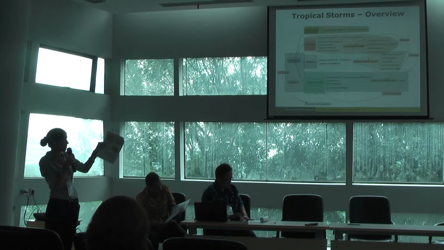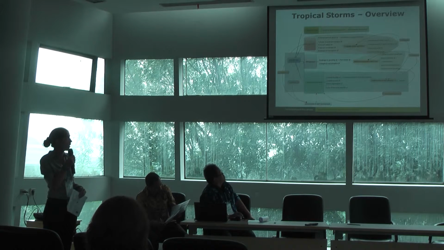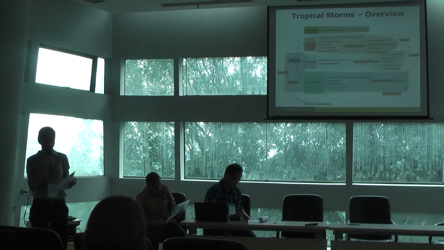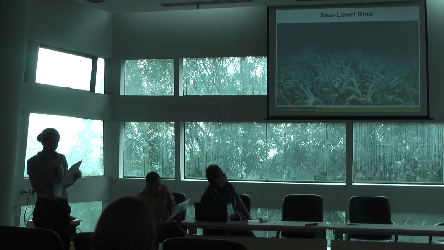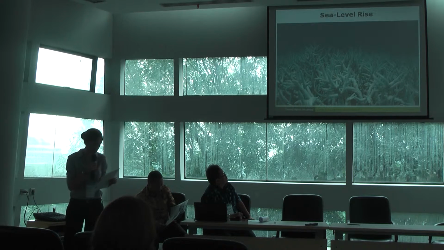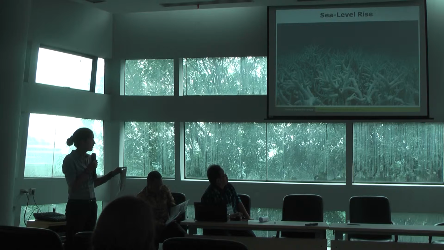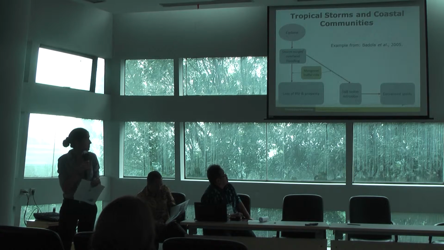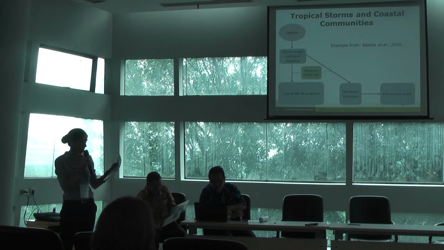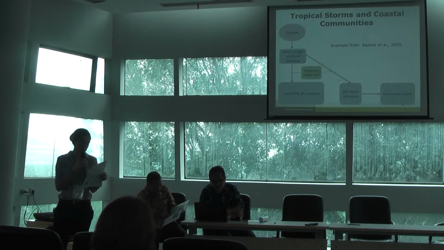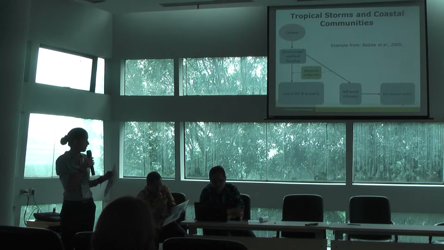So once again, this is the mind map, and we're now going to look at the example of storms and coastal communities. This time I took an example which was located in India by Badola in 2005. This impact chain shows how the cyclone brings storm surges to the coast and overland flooding.